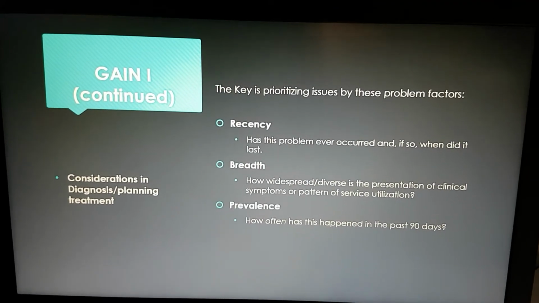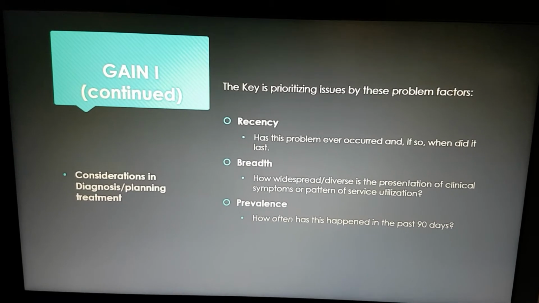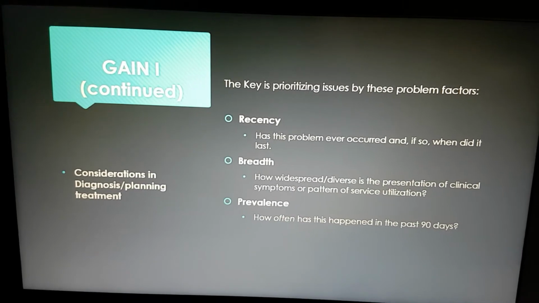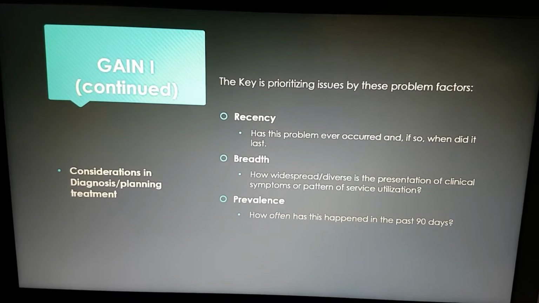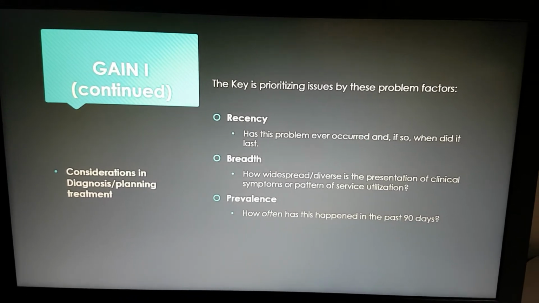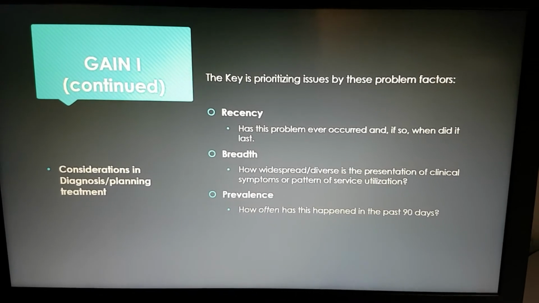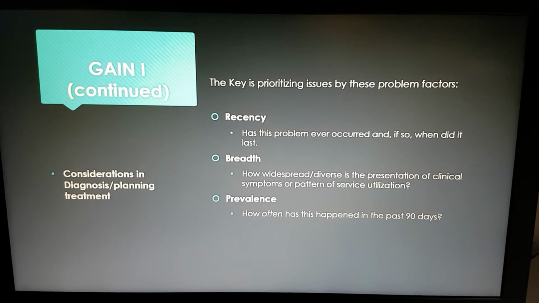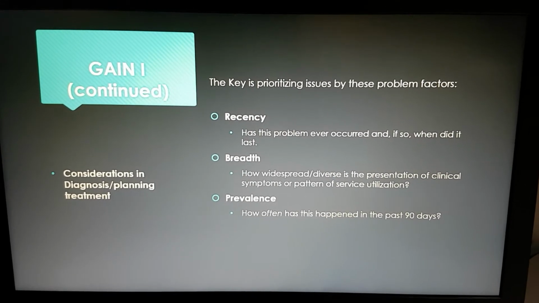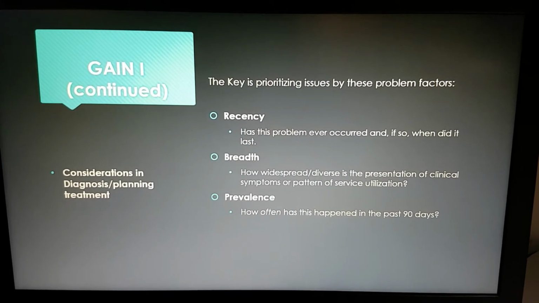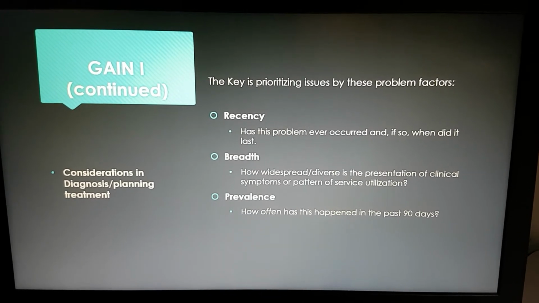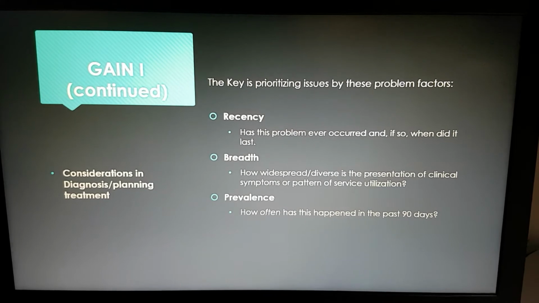So next, still in the GAIN-I, which is, like we said, a very intense assessment, these are considerations in diagnosis and treatment planning. The key is to prioritize these issues by these problems or factors. The recency: has the problem ever occurred, and if so, when did it last occur? The breadth: how widespread or diverse is the presentation of clinical symptoms or pattern of service utilization.